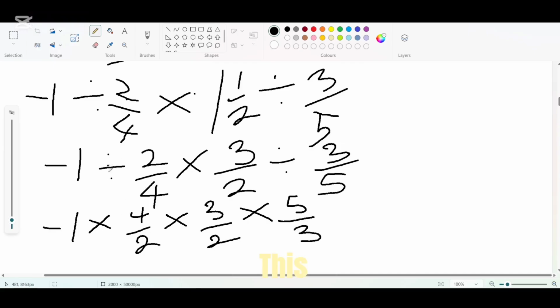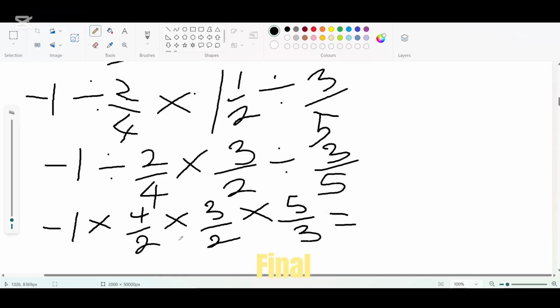We have changed this division to multiplication by inverting the fraction on the right hand side, by taking the 4 up and bringing the 2 down. And we have done the same thing here. This one we need not change it. We only change the fraction on the right hand side. So this one is changed from 3 all over 5 to 5 all over 3.